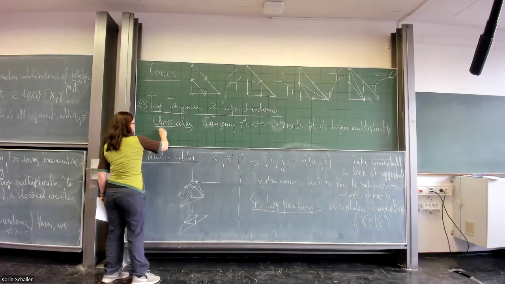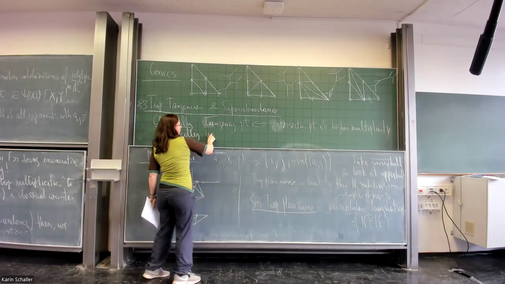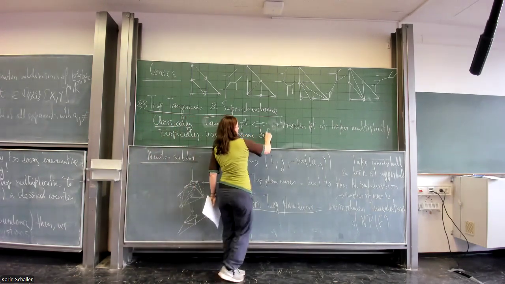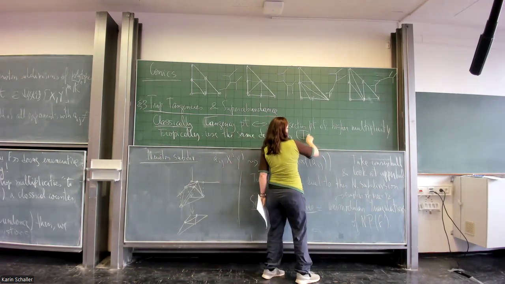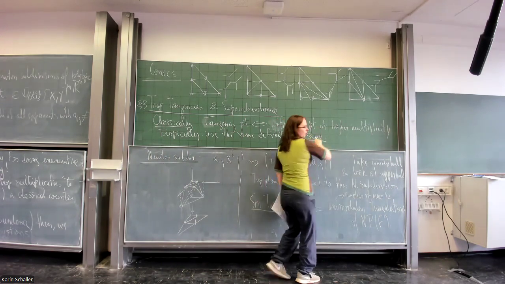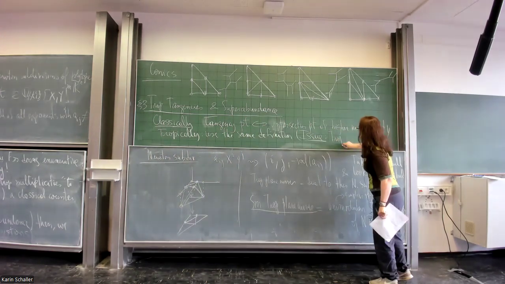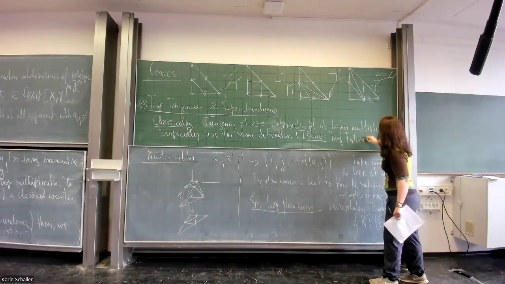So tropically, we use the same definition. But the issue here is that you have to be a little bit careful when you do intersection theory in the tropical world, because tropical intersections can be subtle.